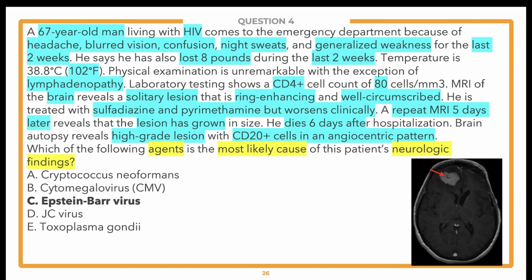So that tells us that it's some kind of primary CNS lymphoma. And primary CNS lymphoma is usually caused by EBV, and EBV is herpes virus type 4, so HHV4, that infects B cells, right? So as a result, what you have here is a primary CNS lymphoma, which presents as a single ring-enhancing lesion, is caused by EBV, and happens in patients who are immunocompromised. And when you see that CD4 count of less than 100, that's a clue to help guide you in that direction.